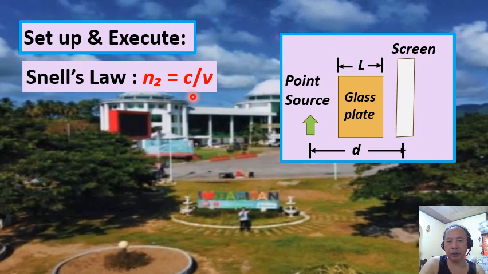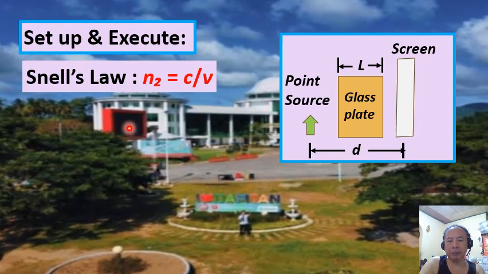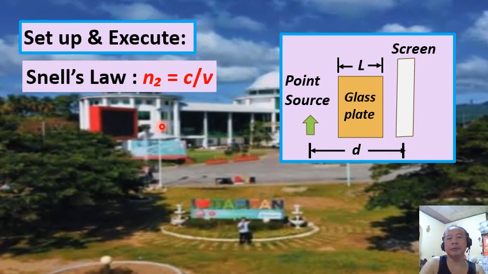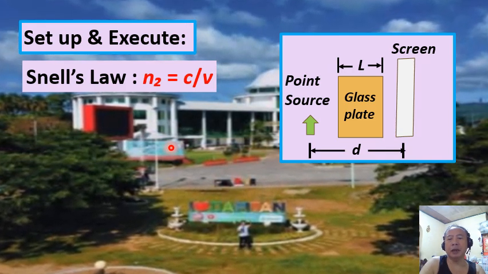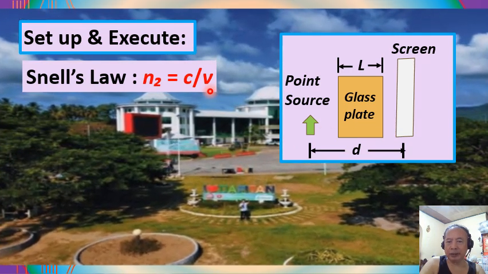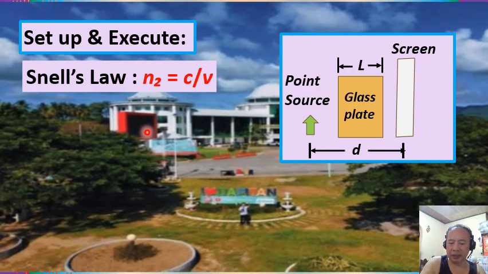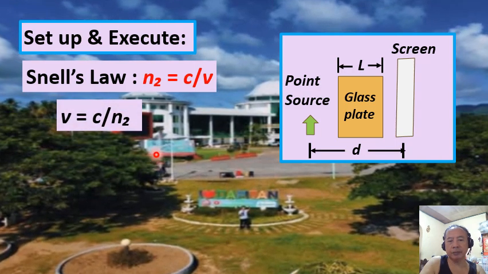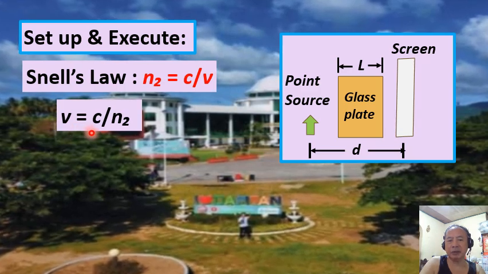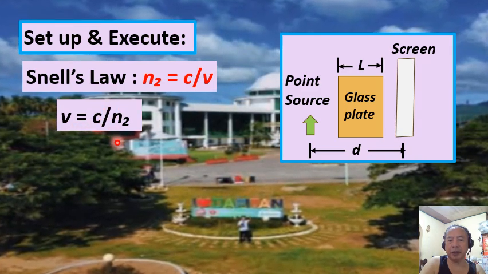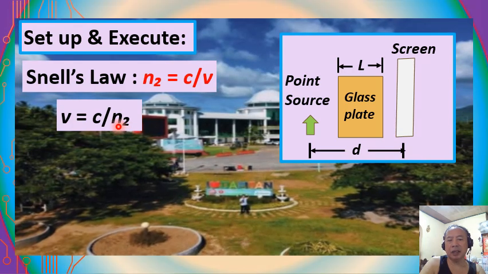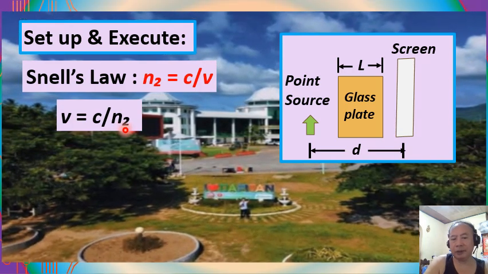So, in this problem, we are to determine the speed of light as it passes through the glass plate, and we denote that by small letter v. So small letter v, or the speed of light in the glass plate, is just equal to the speed of light in vacuum divided by the index of refraction of the glass, which is given in the problem.